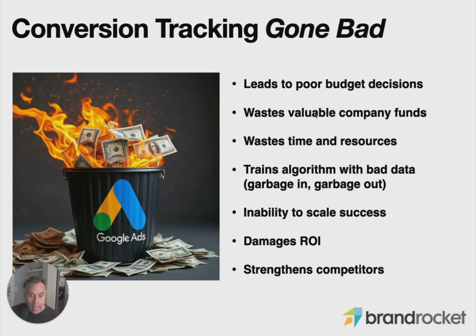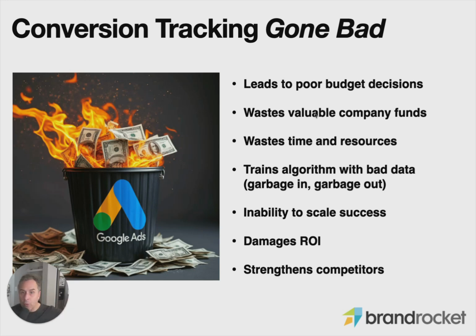Again, training the algorithm with bad data. I touched on this before, but if we're sending data in that's bad, we're going to get data out that's bad as well. So garbage in, garbage out. And the worst part of that is you start to train the algorithm on something that doesn't matter, and it goes off. It's like a dog playing fetch or something.